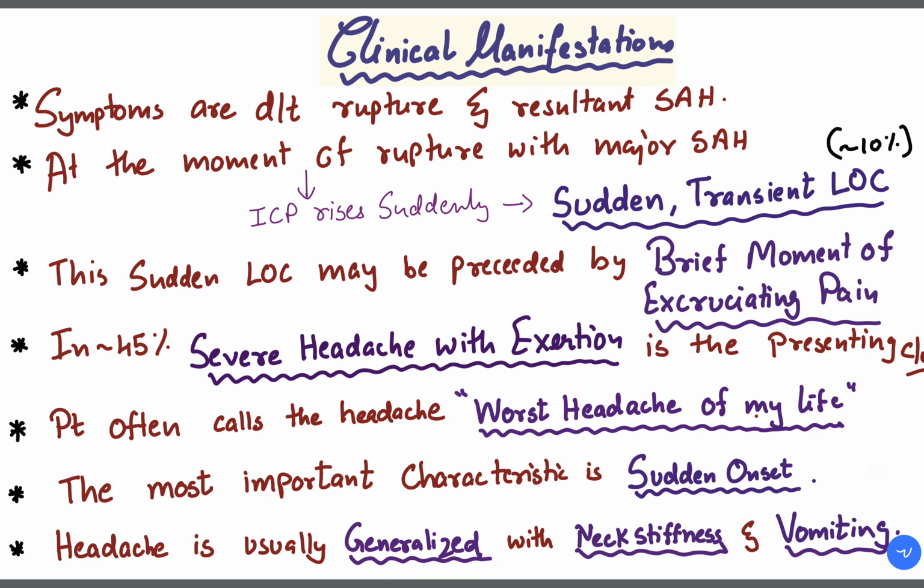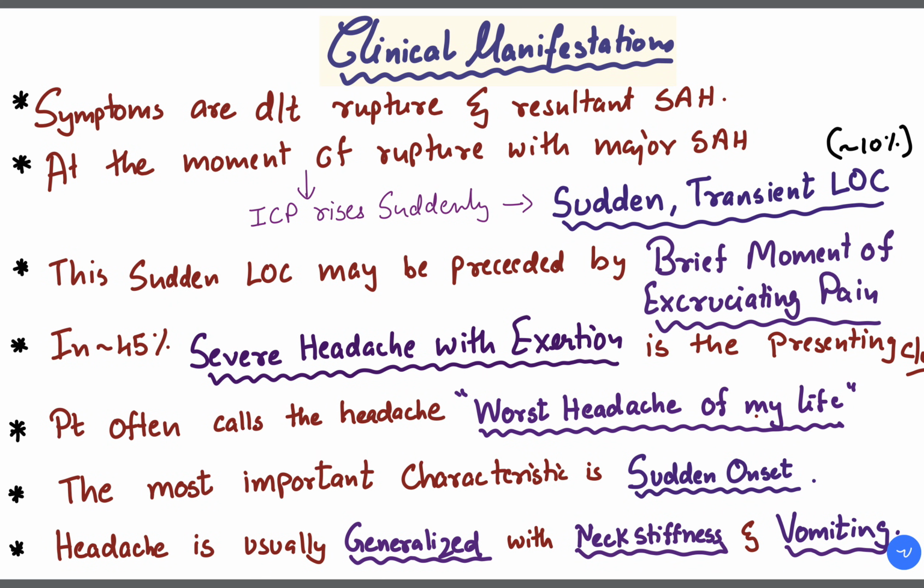Clinical manifestations. I would like to reiterate these highlighted things. There is a sudden and transient loss of consciousness in 10% of the people. Then a brief moment of excruciating pain, and approximately 45% of the people are going to present with the complaint that they have severe headache with exertion.